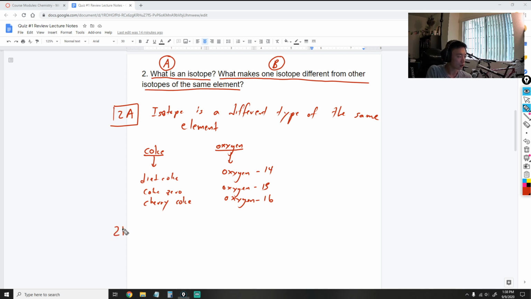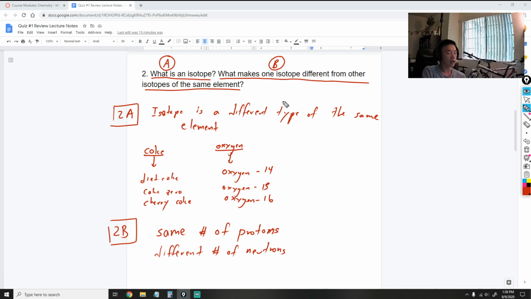Now let's answer question 2B. Okay, what makes one isotope different from other isotopes of the same element? Okay, what makes them different is that isotopes, they have the same number of protons. Okay, but what makes them different is that they have different number of neutrons.